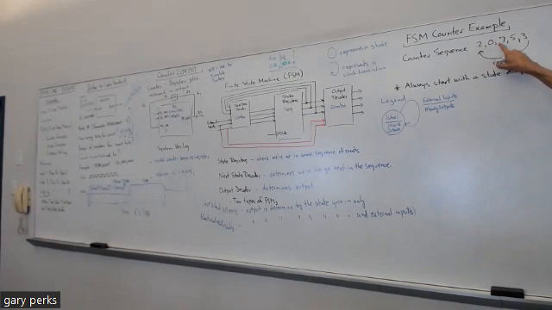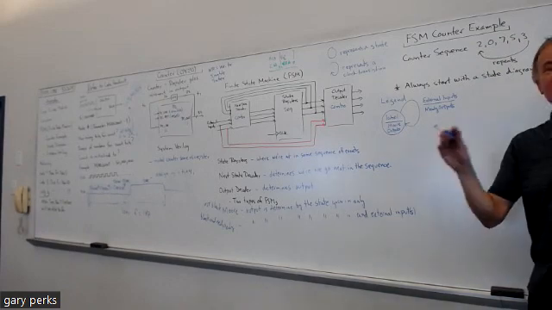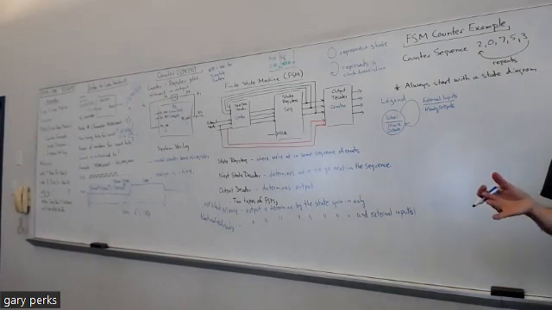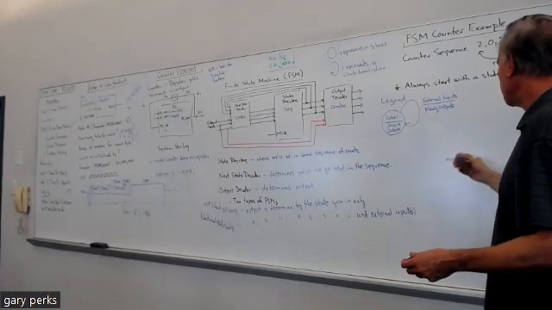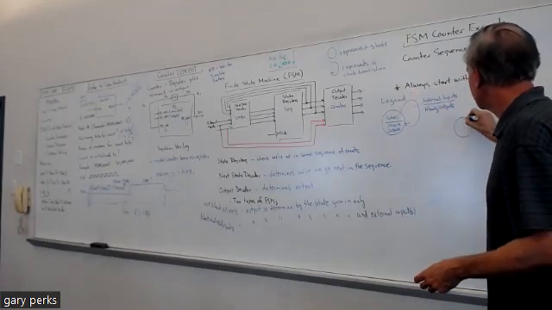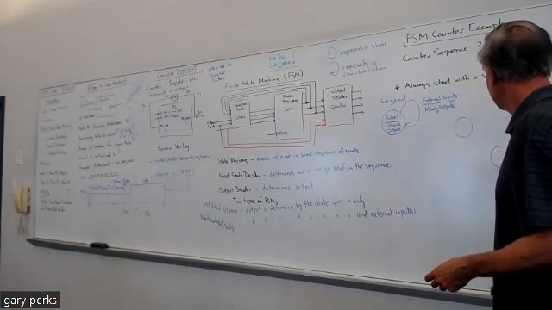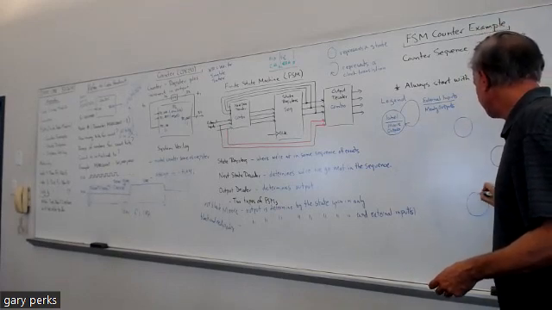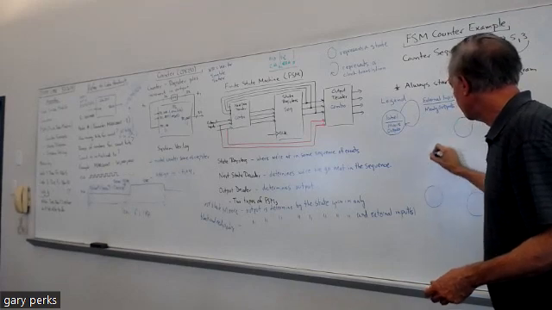Well, each number in my count is going to be a state. So I'm going to have 5 states in this finite state machine. So in my state diagram, I'm going to have 5 circles. And it doesn't matter how you orient the circles. Okay, I'm going to put them in a ring fashion, but you can put any type of orientation. It can be in a square, rectangle, irregular shape, whatever you want. So I'm going to do it like this.